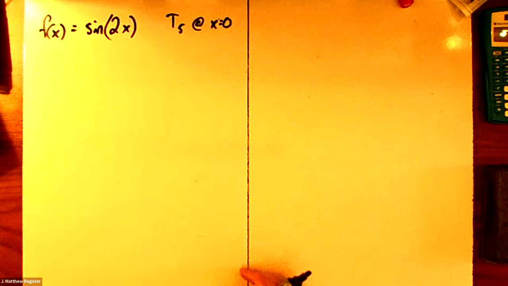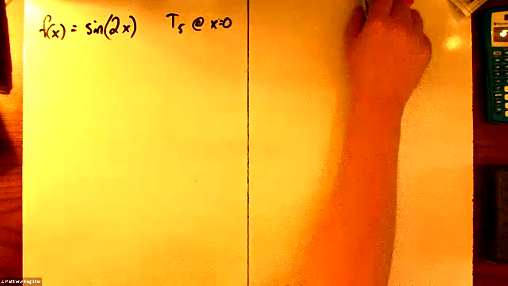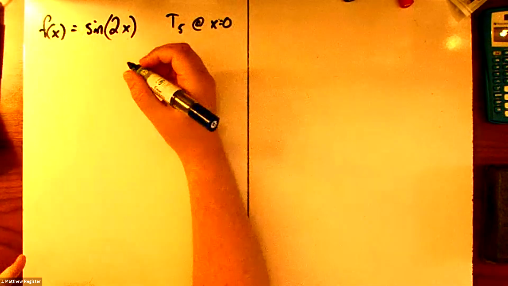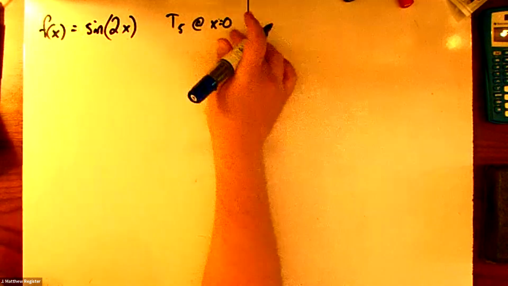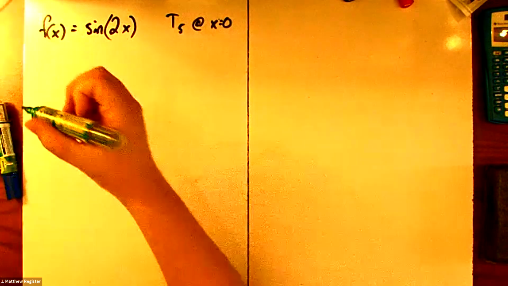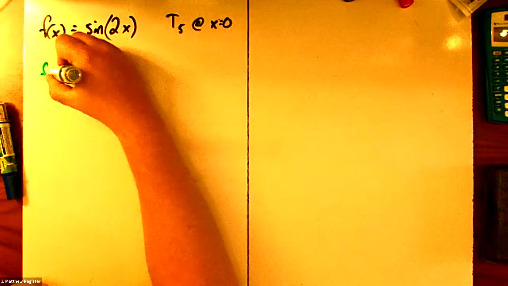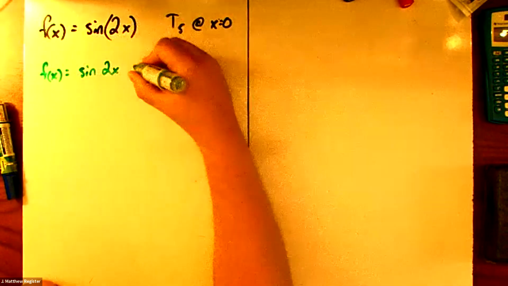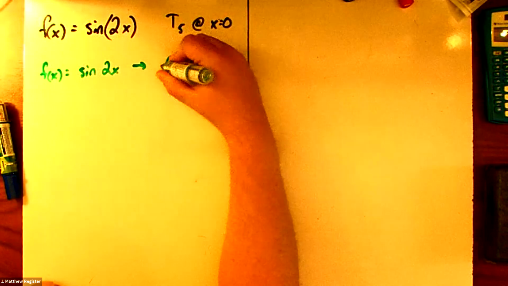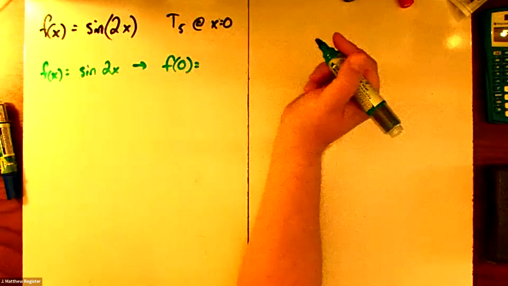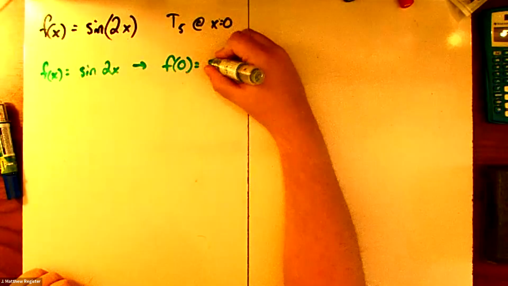And so in order to do this process, we're going to need all of the derivatives. And so we have our f of x. We're going to need to figure out what f of 0 is. And so let's just start by rewriting all of these. So f of x is equal to sine of 2x. f of 0 is going to be sine of 0, and sine of 0 is 0.